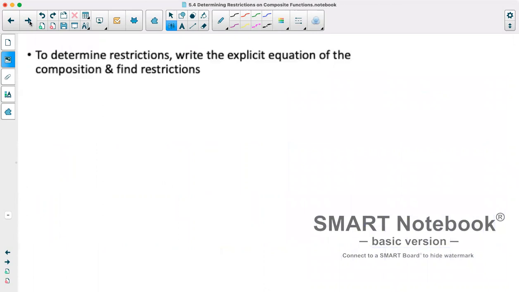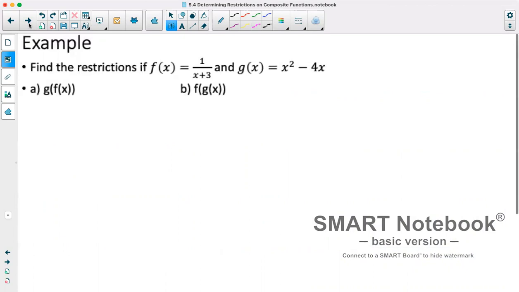Okay, so to determine restrictions, write the explicit function of the composition to find. So for example, find the restrictions if f of x equals 1 over x plus 3 and g of x equals x squared minus 4x. So we know our outer function, g of x, is x squared minus 4x.